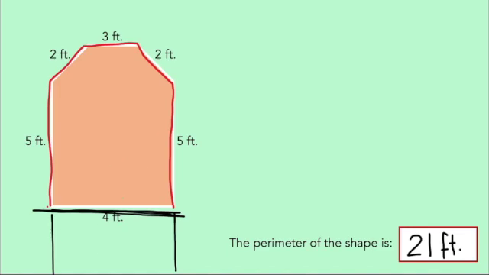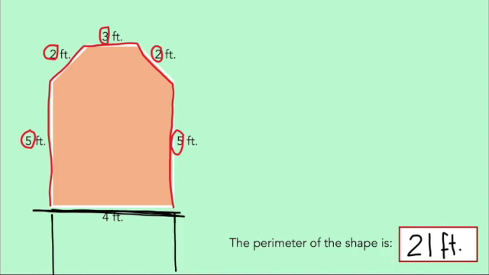So if this red line represents how much fence I needed, then I would add up 5 plus 2 plus 3 plus 2 plus 5. And that would be the length of fence that I would need. So that's just a real life example of when you might use perimeter.